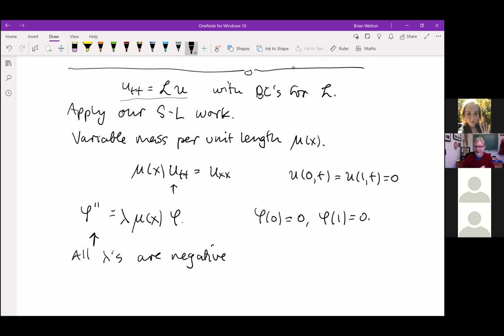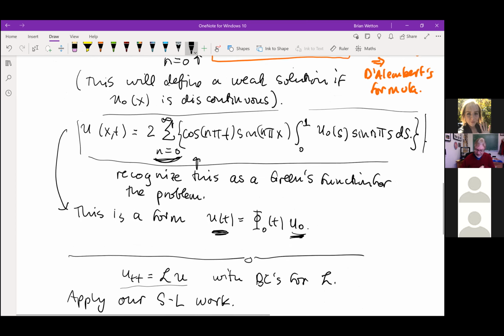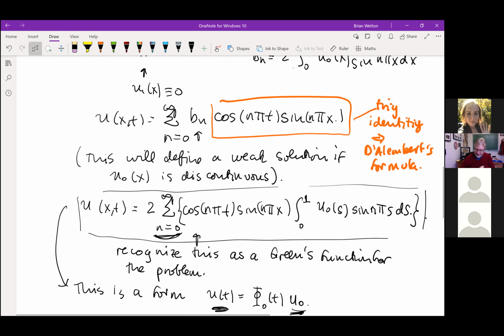And then these eigenfunctions are the shapes of the standing waves. And remember, we had eigenvalues of minus n squared pi squared, and we got angular frequencies of n times pi.